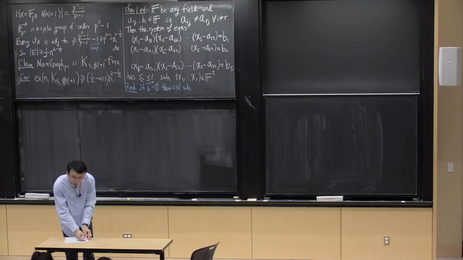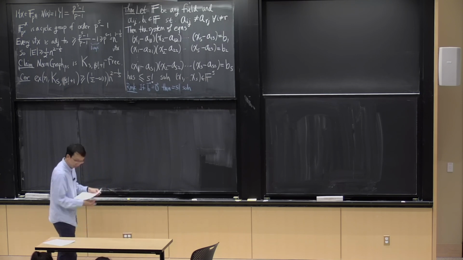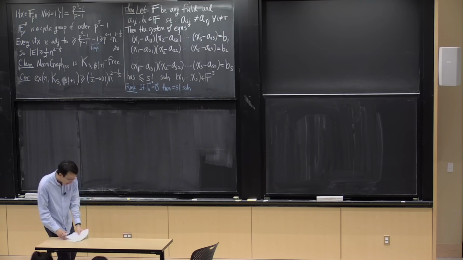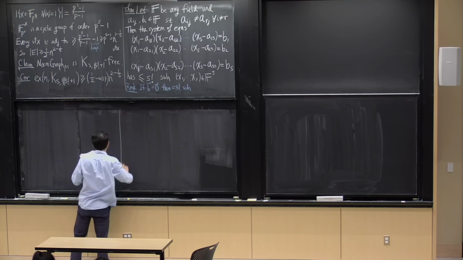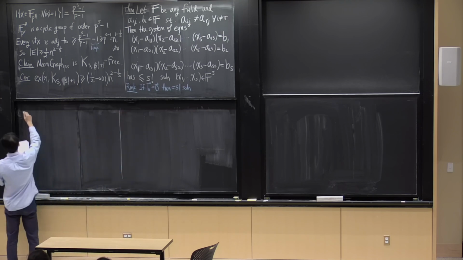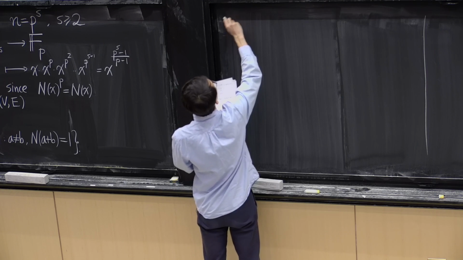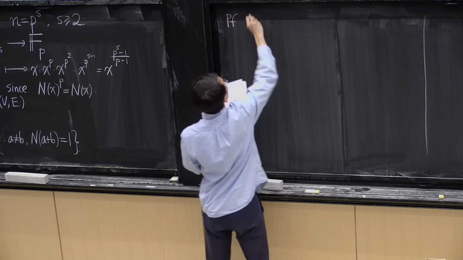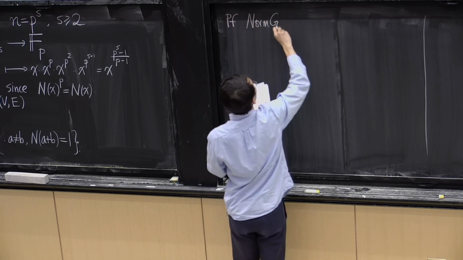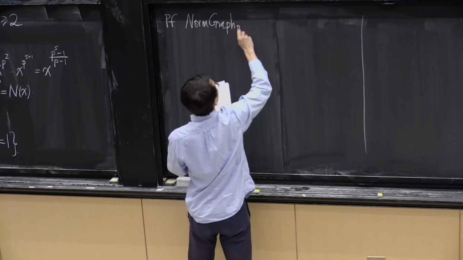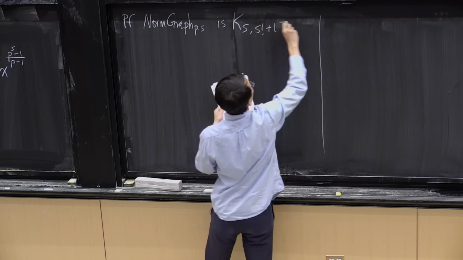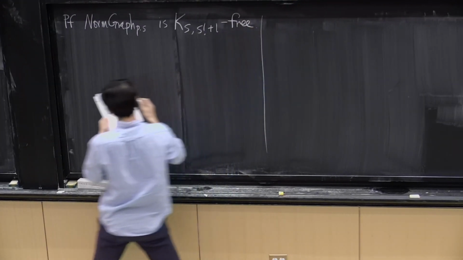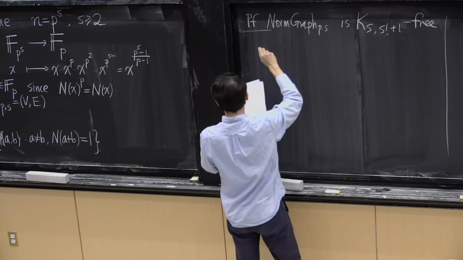Let us show that the norm graph is indeed KST-free. It's actually not so hard once you assume that theorem up there. So let's show that the norm graph is K_{S, S factorial plus 1}-free.